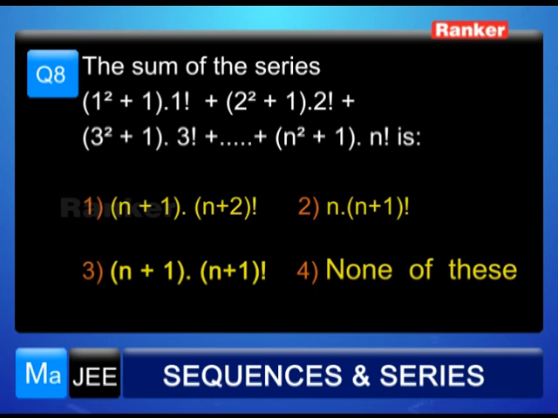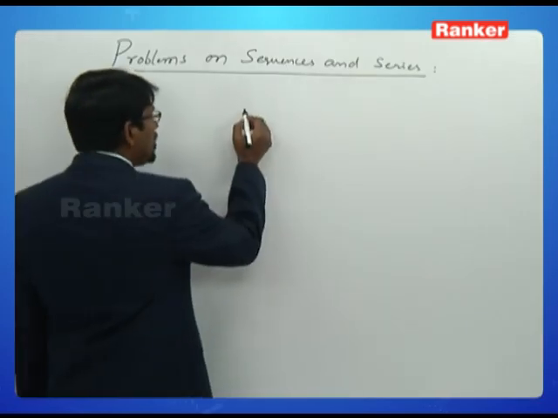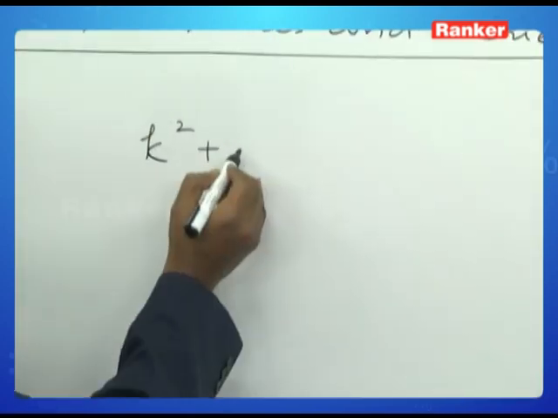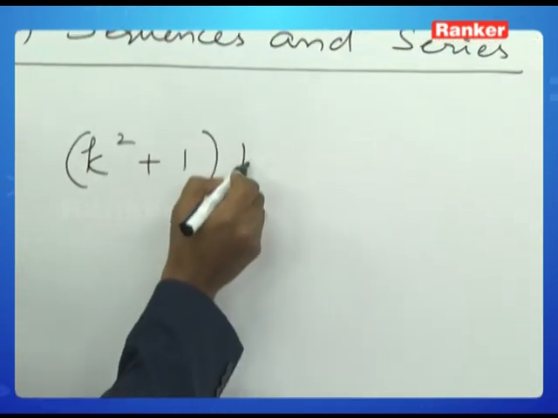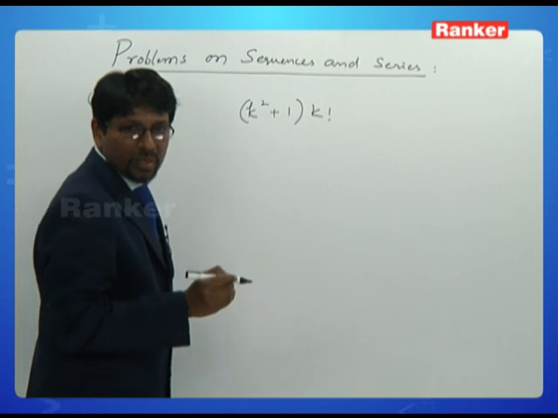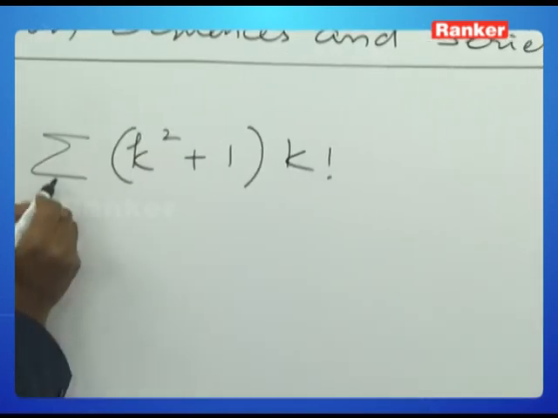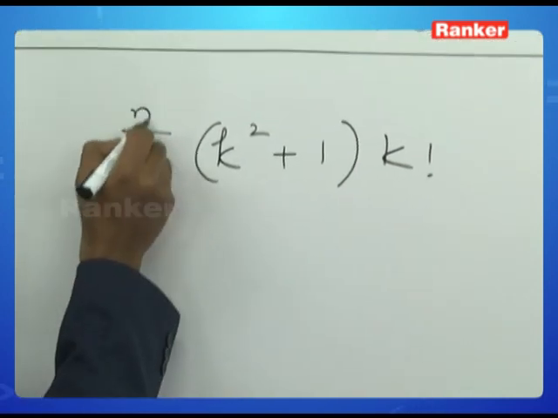You can just take the value n as 1 or 2 and see which formula will satisfy it, or going by the general procedure, let's see what the general term is. The general term is of the form k square plus 1 into k factorial, and you have the summation k ranging from 1 to n there.